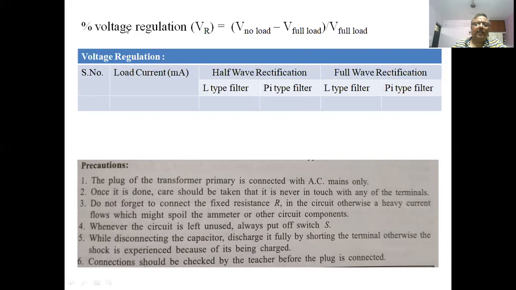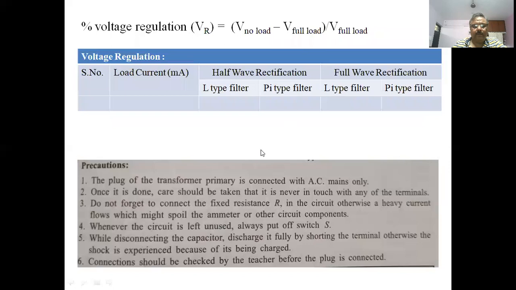So we will be getting the voltage regulation at each of the load current steps that we have taken. And we will formulate the result obtained from this formula into a table, the load currents we have taken, and the voltage regulations for the L type and pi type filters for both half and full wave rectifications.